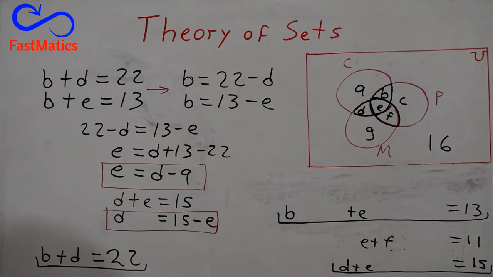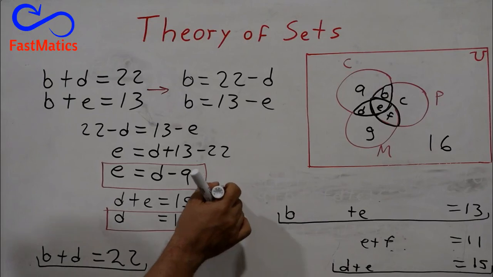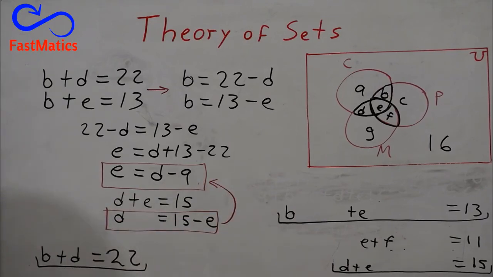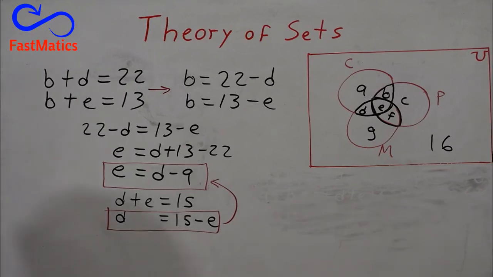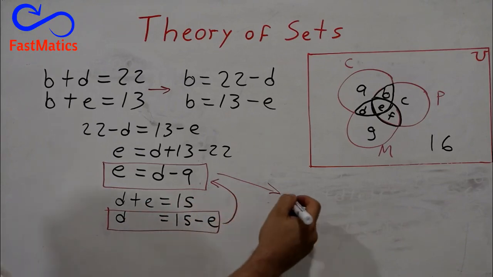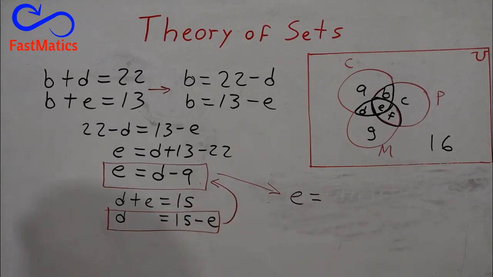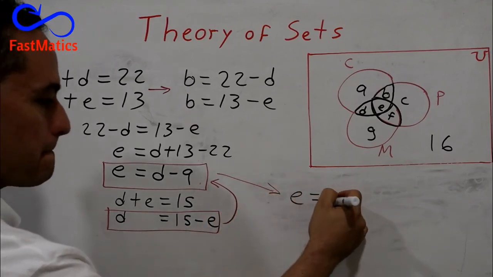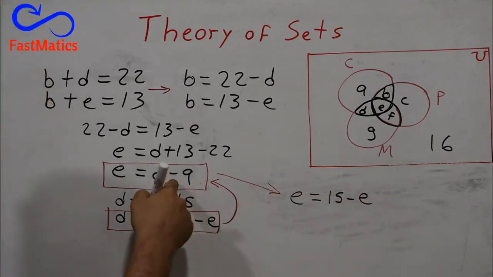Then I can replace the D here, and we are arriving to the solution of this problem. So if I work with this equation, E is equal to the D, that is equal to 15 minus E. Instead of the D, I'm going to write 15 minus E minus 9.